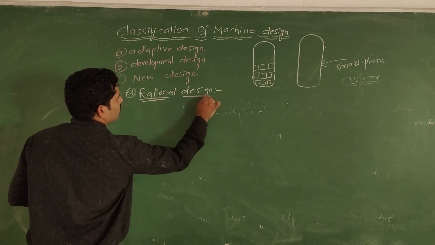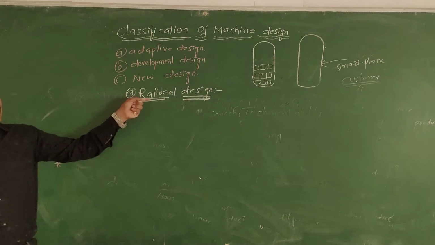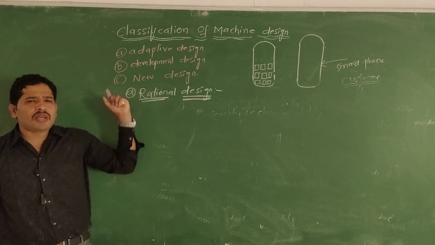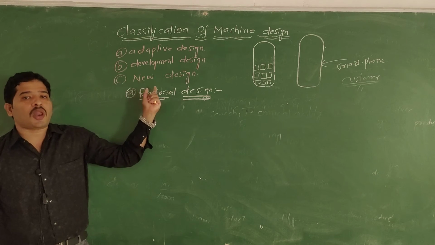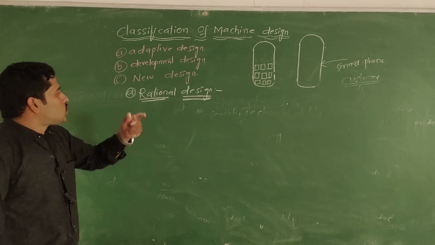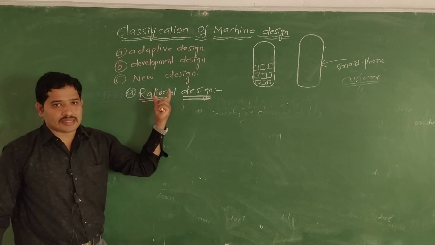Okay dear. So the rational design indicates that this design completely depends on a mathematical formula based on the principle of mechanics. Is it right? So we can say it is the rational design.